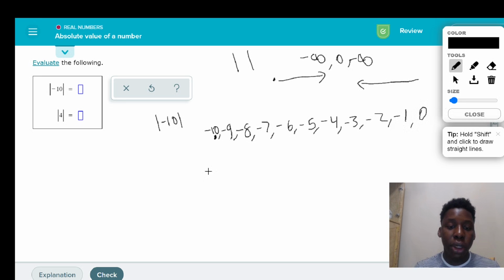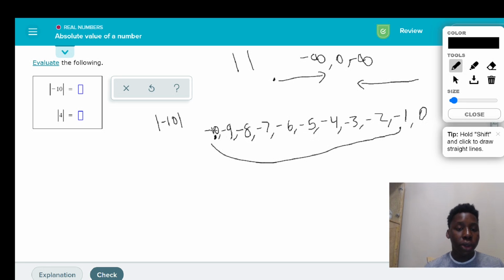We're going to count the number of steps it takes to get to this 0. When we count those steps, that's 1, 2, 3, 4, 5, 6, 7, 8, 9, 10. It took us 10 steps, right? We had to increase by 1 every time to get to 0. So that would be a 10.